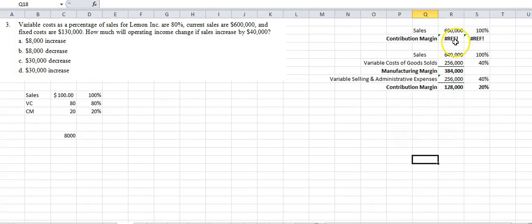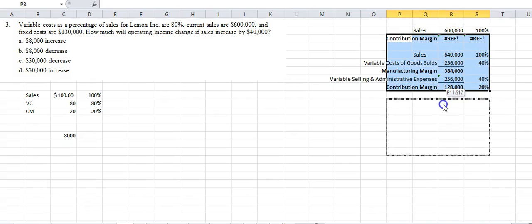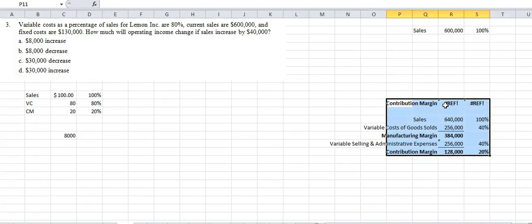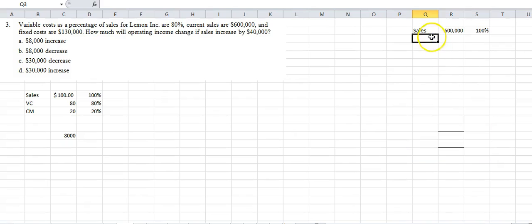Okay, let's just do this all over again with the 600,000 and the 640. So if sales was 600,000, my variable costs are 80% of sales, which means that my variable cost is going to be equal to 80% of this.